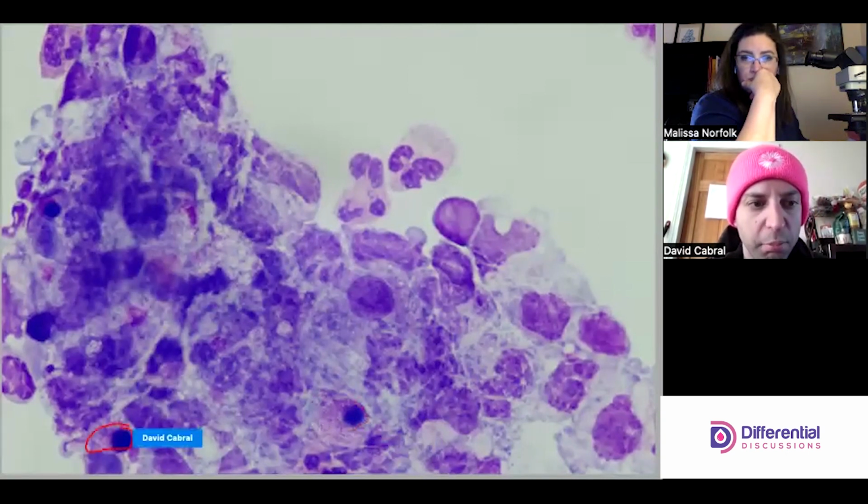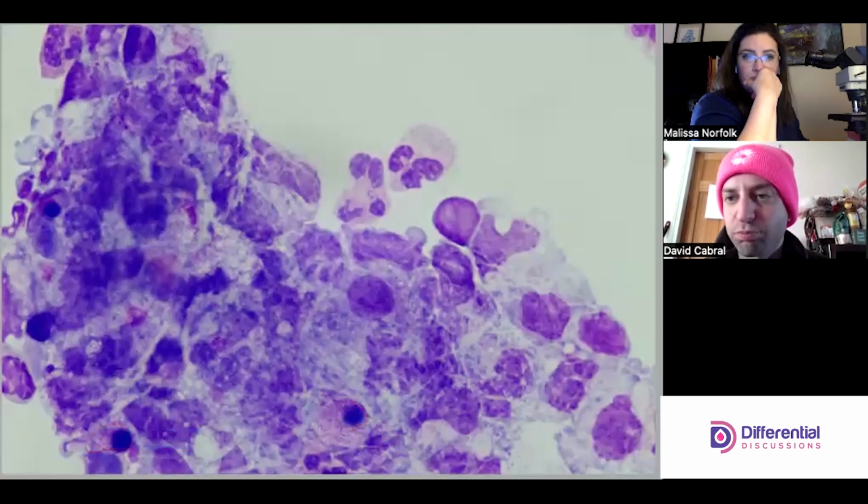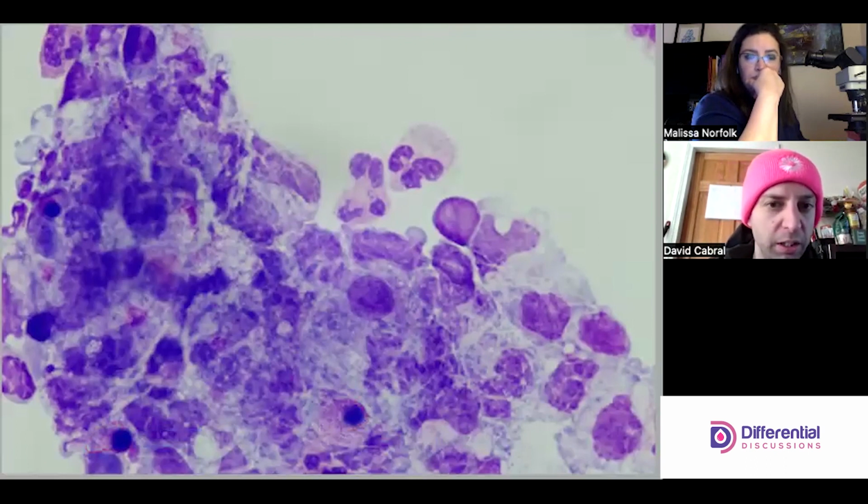So that tells us a little bit about the age of the specimen, about the age of the effusion itself. This could be a very freshly collected specimen, but maybe this effusion has been there a little while.